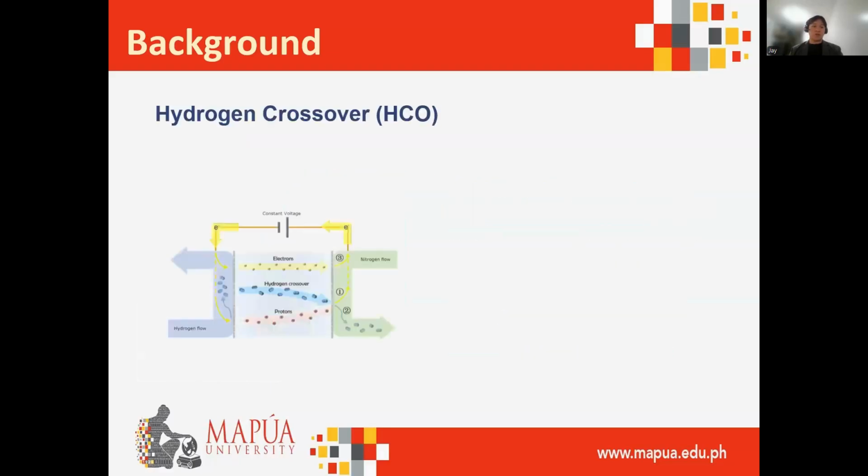But when there is a hydrogen crossover occurring inside the fuel cell, hydrogen passes from the anode to the cathode side unintendedly, which leads to some implications in terms of the performance of the fuel cell. And this happens for a couple of reasons. First is the porous nature of the membrane.